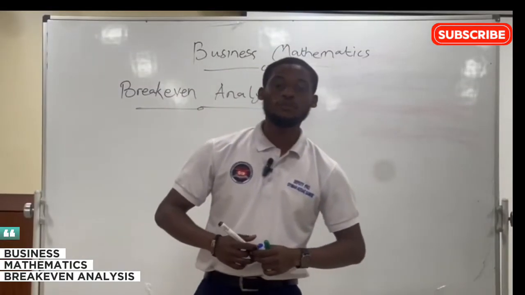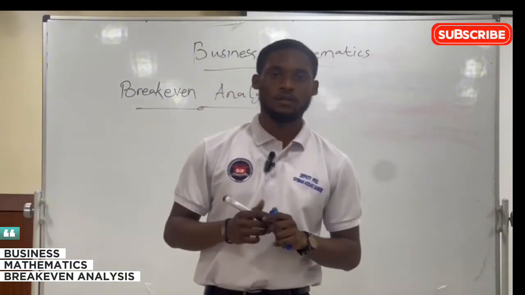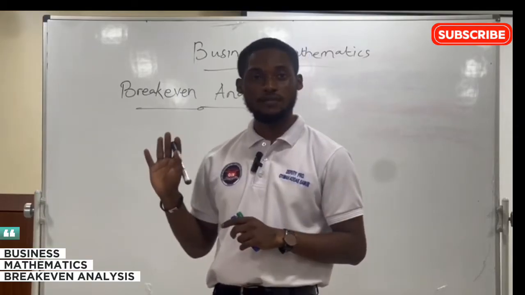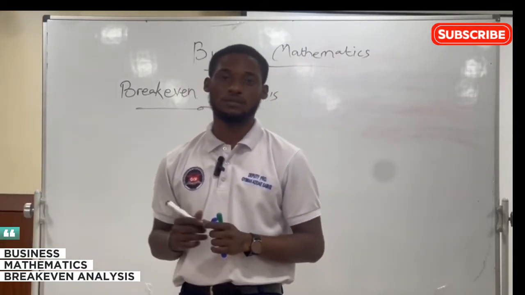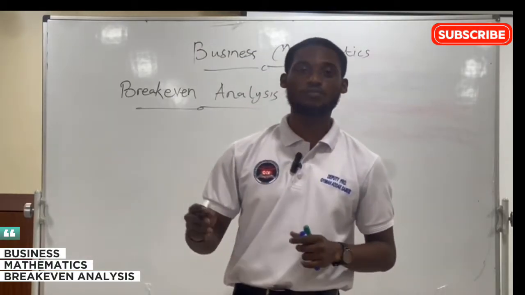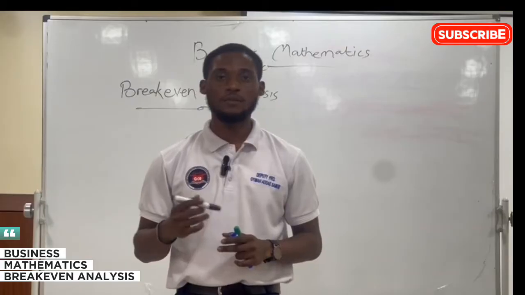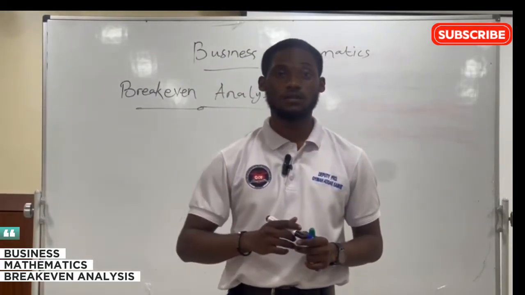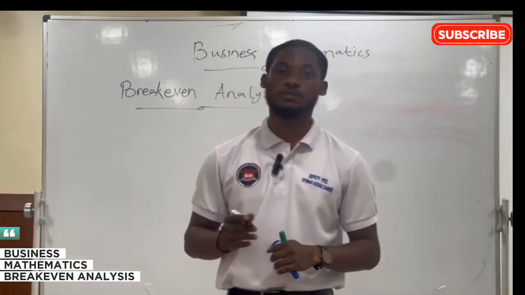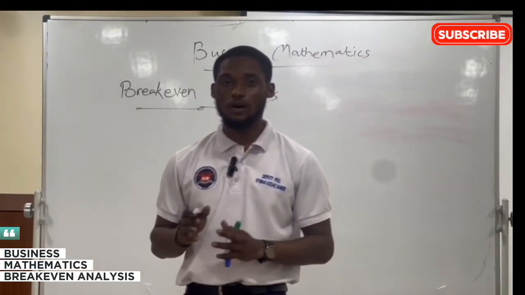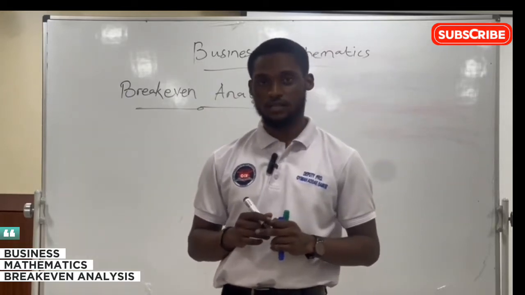So now we move on to multiple product break-even analysis. The previous examples and the previous explanation we gave were channeled at single product break-even analysis. The formula we gave, fixed cost divided by price per unit minus variable cost per unit, is all directed towards single product break-even analysis.